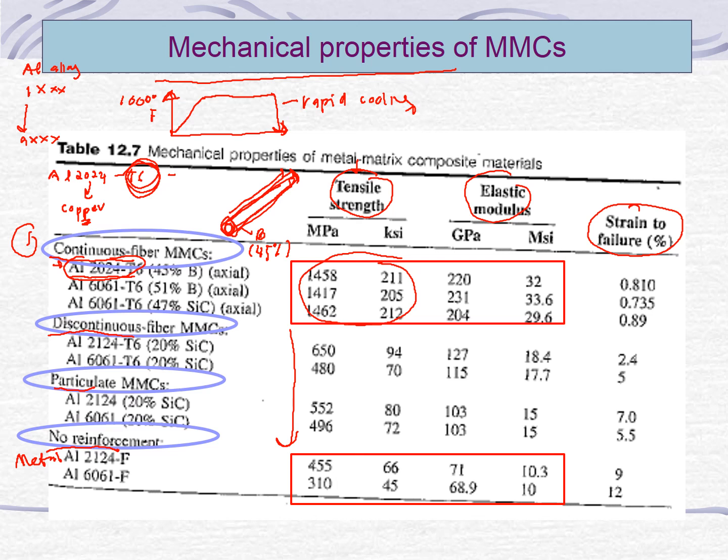That's why the tensile strength is highest compared to the others. And for the alloy without any reinforcement, it shows the lowest tensile strength.